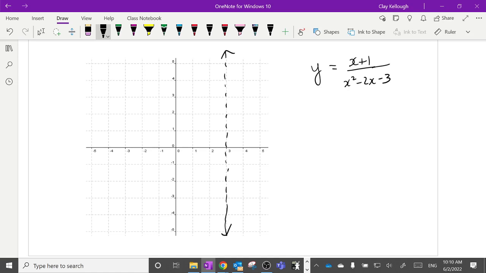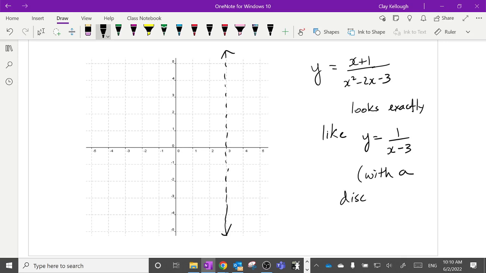But this thing looks exactly like y equals 1 over x minus 3 with a discontinuity at x equals, what was it? x equals -1.